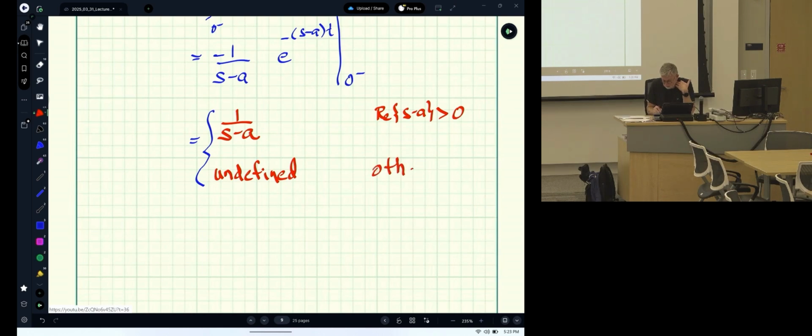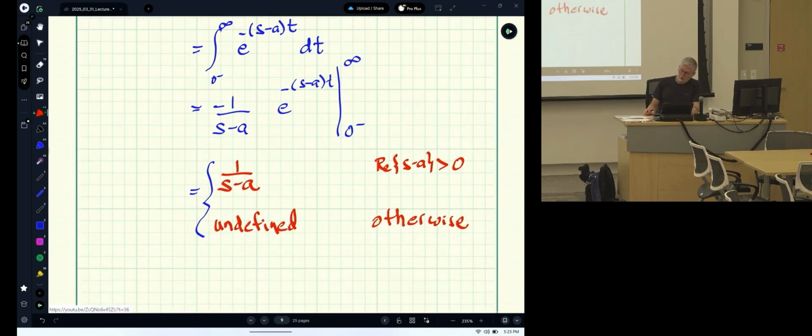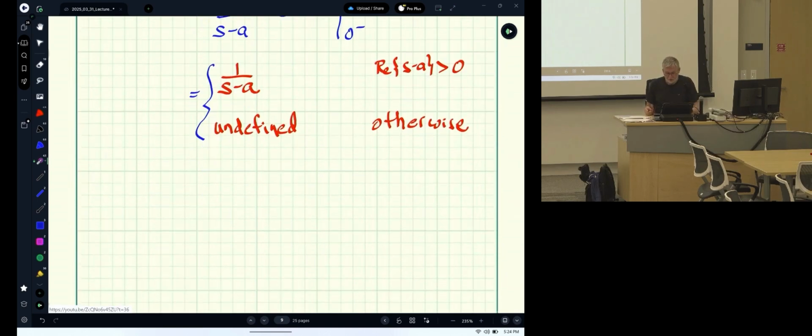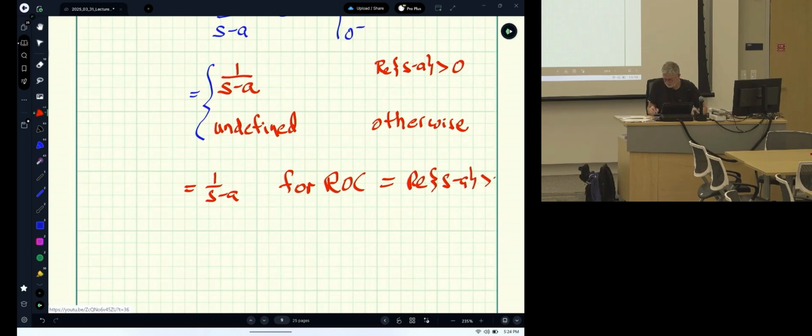In other words, when the real part of s minus a is 0 or negative, when we plug in infinity, this just doesn't make sense. It doesn't converge. The limit doesn't exist. And so we write this as equals 1 over s minus a for region of convergence equals real part s minus a positive.